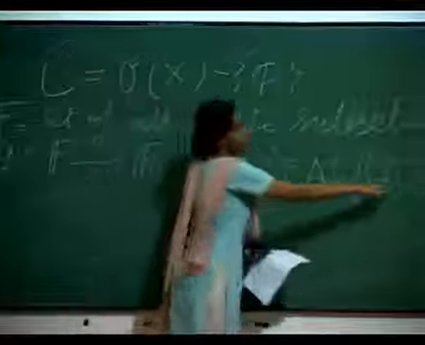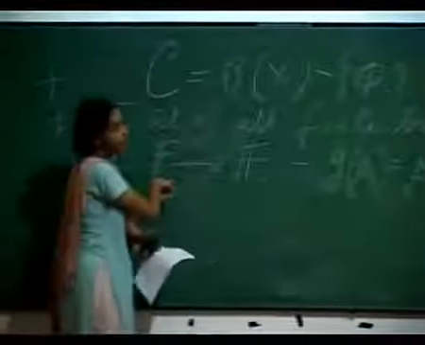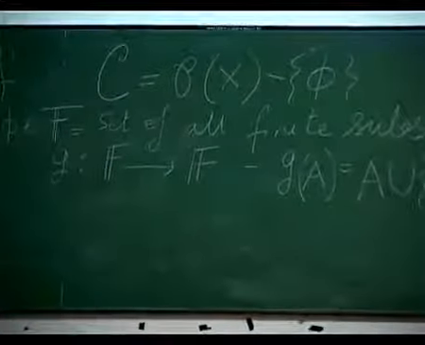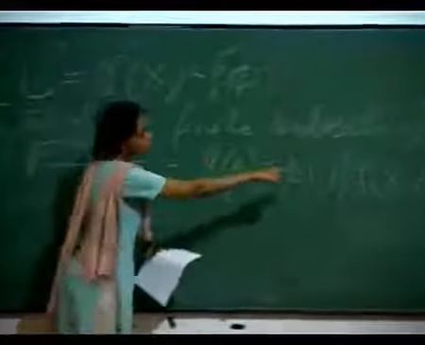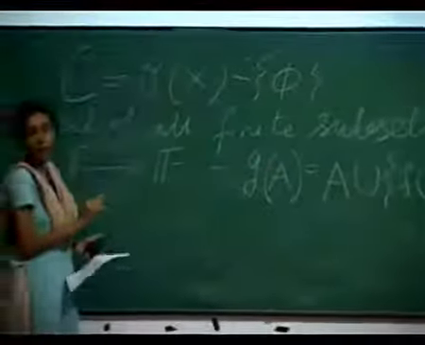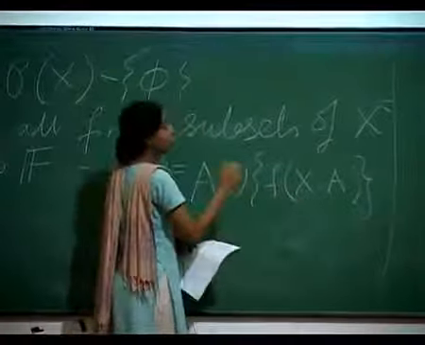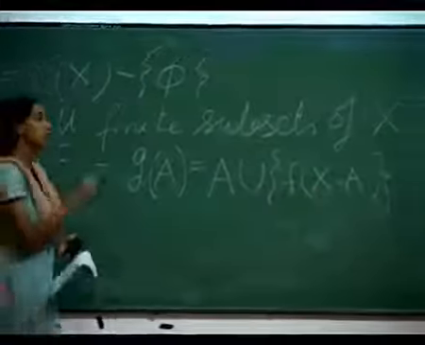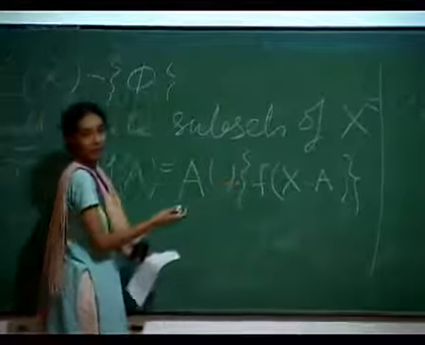So what does it really say? See, first of all, A coming from 𝓕 is a finite set. X is infinite, A is finite. So X minus A is non-empty, infinite, and in particular it's non-empty. So it is really in the domain of F. So it makes sense talking about F of X minus A. Moreover, by the property of choice function, we know that F of X minus A has to belong to X minus A, right?